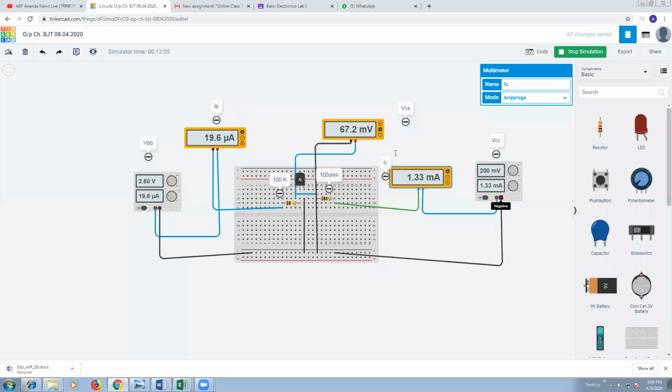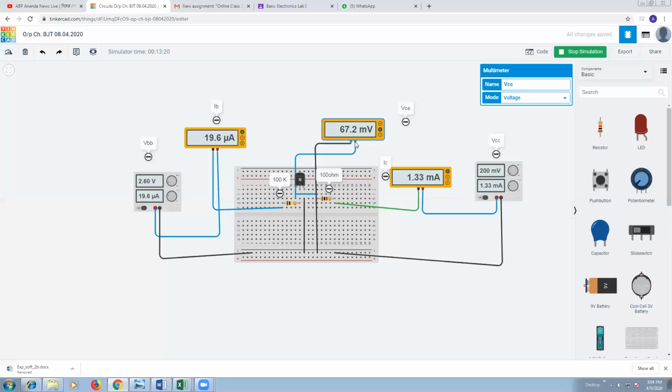And here I have taken this VCE voltmeter, this multimeter, in voltage mode. I have connected this voltmeter across VCE.